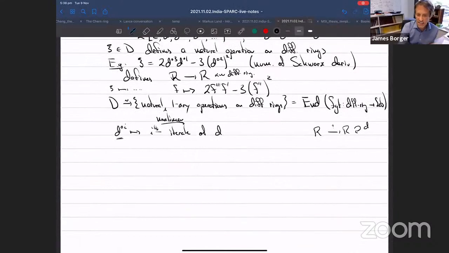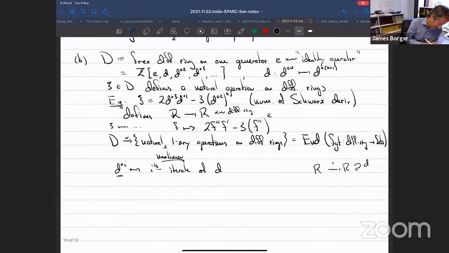Right. Okay. So now the point is that, what did I want to say? Yeah. So D, we can say, maybe I did write this, nonlinear algebraic differential operators.